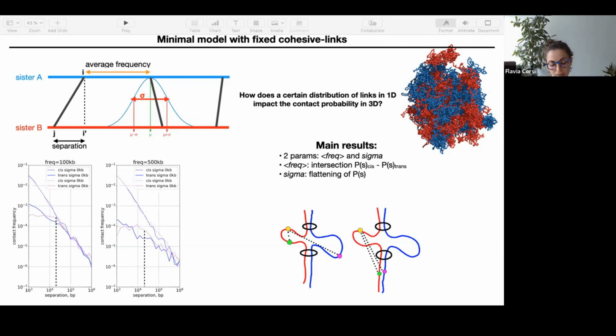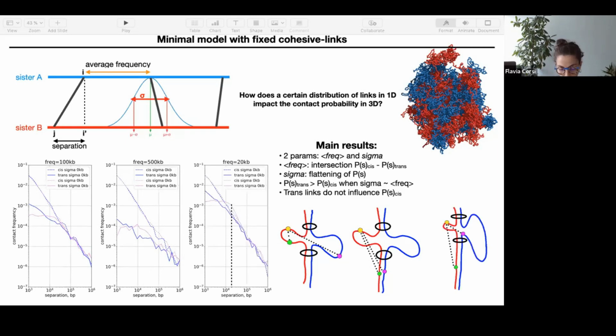So the 2 main rules here are: the average frequency determines the point of intersection between cis and trans contact probability, while sigma, the misalignment, determines the end of the plateau in the trans contact probability.